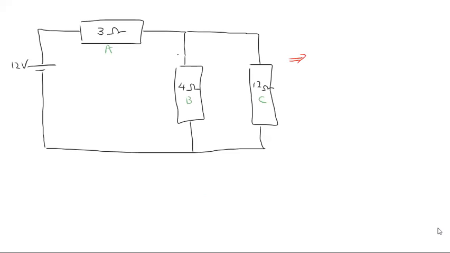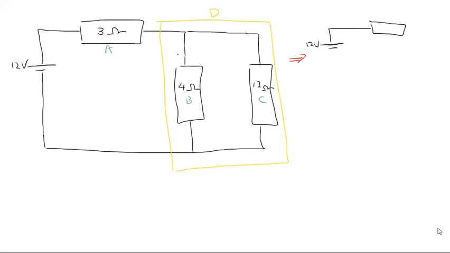And so as we said earlier, it may help to simplify this part that is parallel into one component, and we'll call this D, and basically think of it as you've got a 12-volt battery attached to A, and then it's attached to D, and this is now a series circuit. So D just represents B and C altogether.